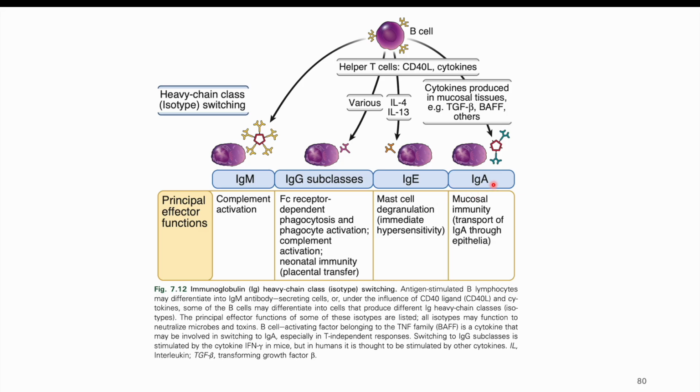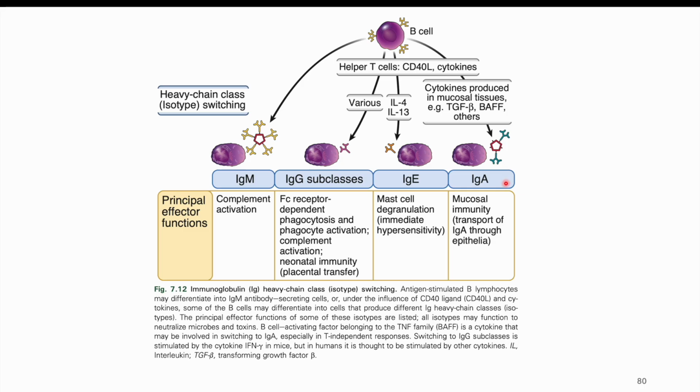Okay, and when the IgA type of antibody is formed, majorly the B cells might have gotten these signals: TGF beta, BAFF, and multiple other things are also present.